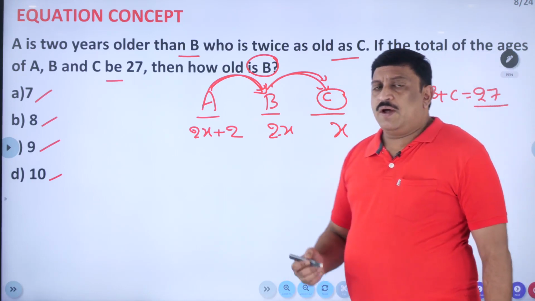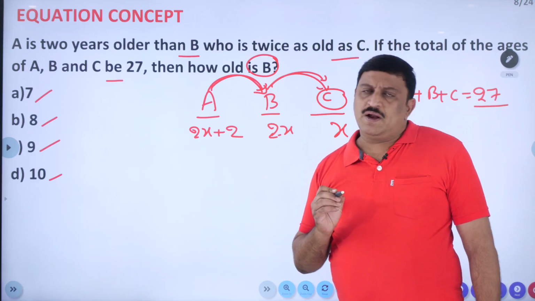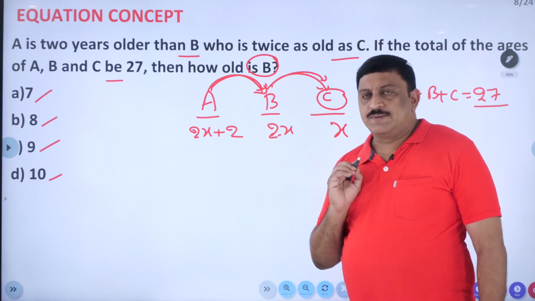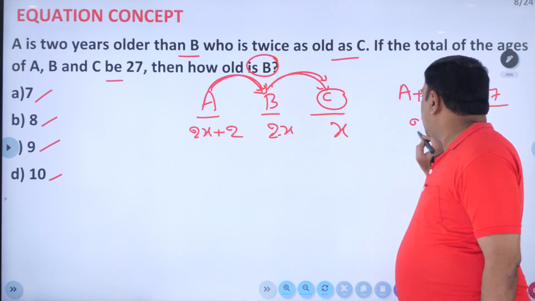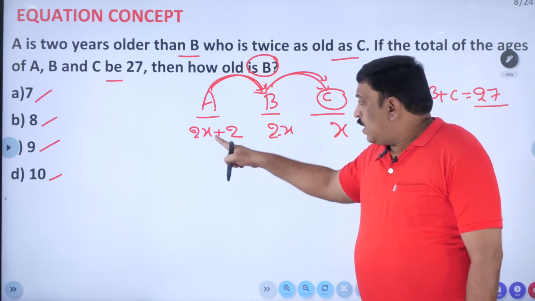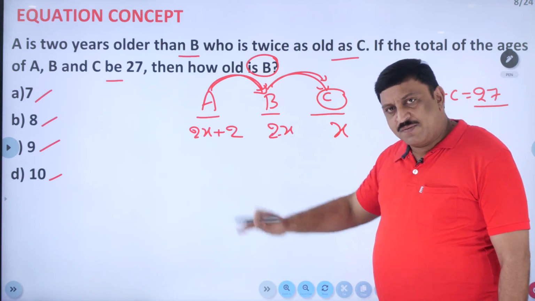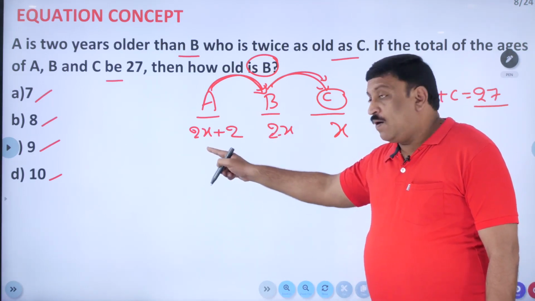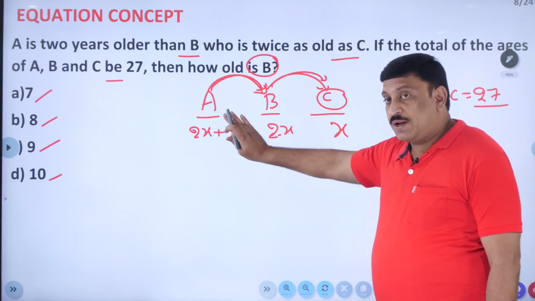Here it is early to discuss this, but I want to make it clear. If you don't understand, no problem. See, their sum is 27, no? If for A, 2 years is removed from his age, then how does the ratio become?